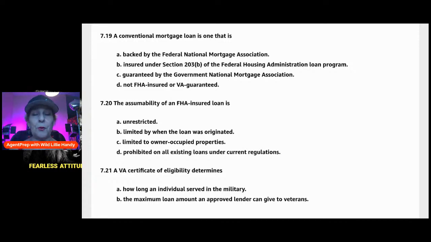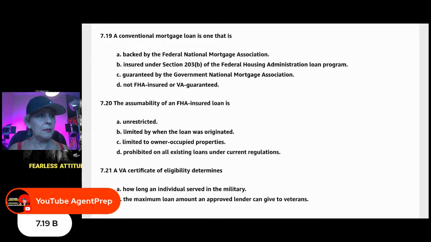And a person that is going to assume the loan, if the lender approves it, has to qualify for it. The lender has to approve them. So that was 719B. Oops. Oh, I typed 719. We're on 720. Hey, whoever's watching the replay, I typed 719B.